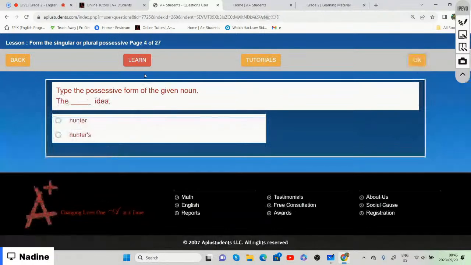And then lastly, if we type the possessive form of the given noun, then we can say, is it the hunter idea or the hunter's idea?